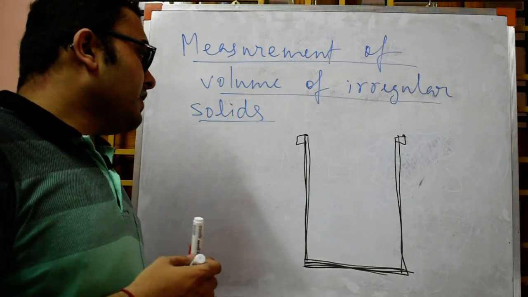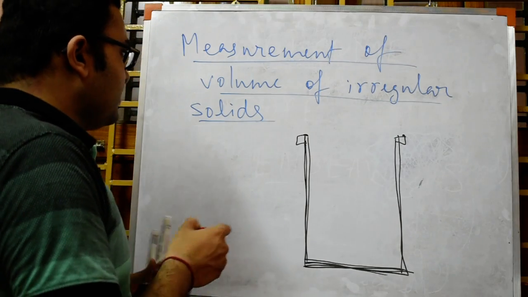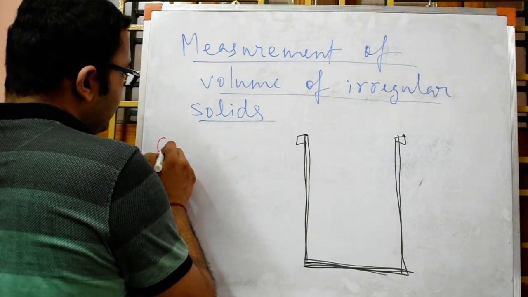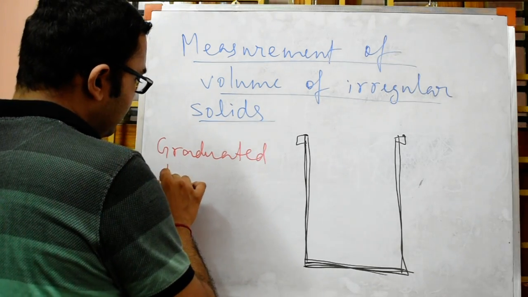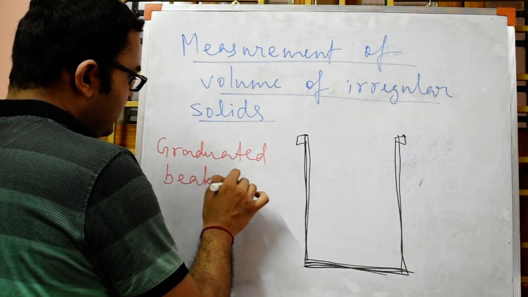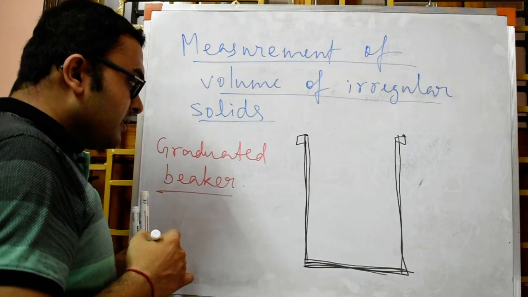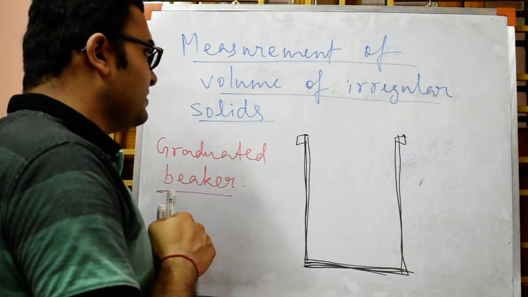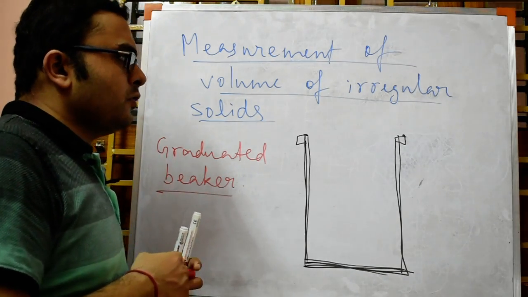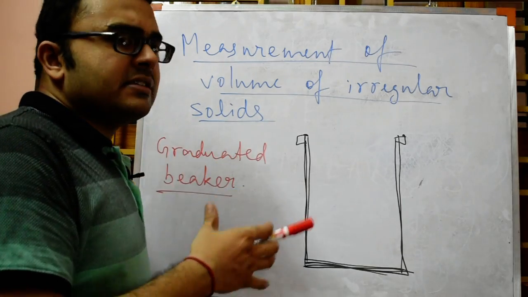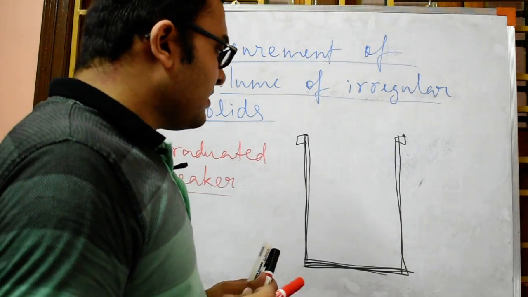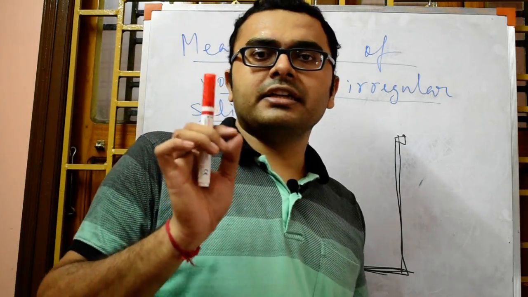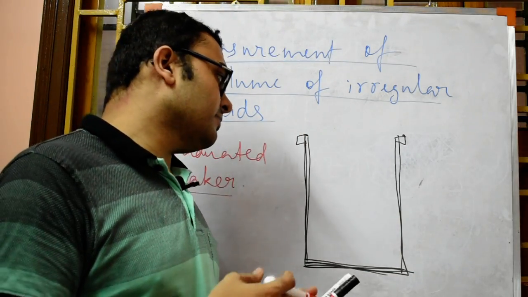Likewise, this is a graduated beaker. You can consider it to be a simple glass cylinder. The difference is that this glass cylinder has markings on it.